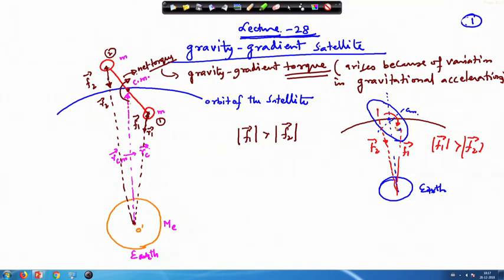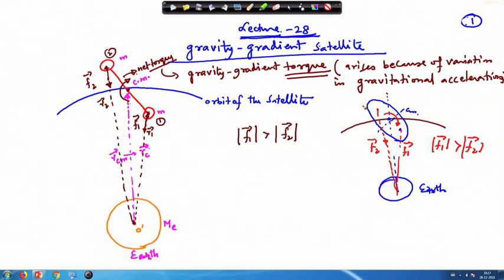This implies that if your satellite is of a shape where there is a net torque due to the gravitational force about the center of mass, then the satellite will not remain in that position.